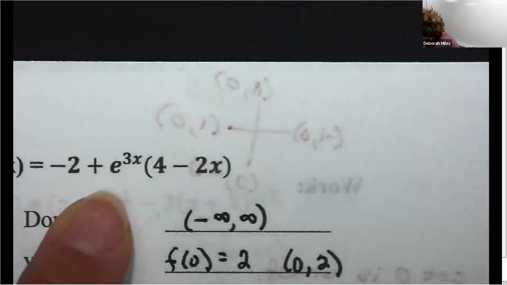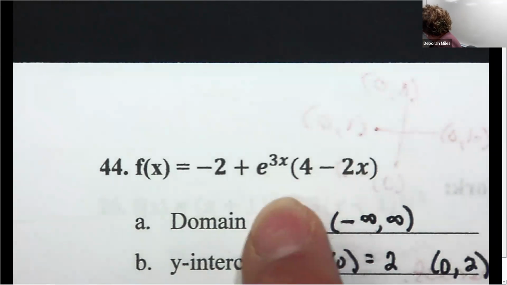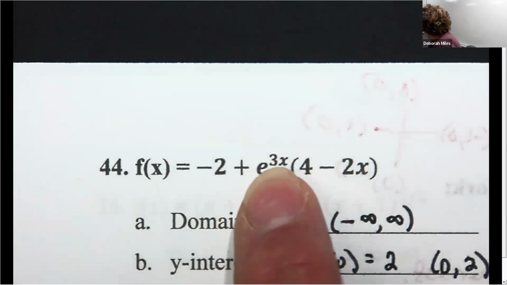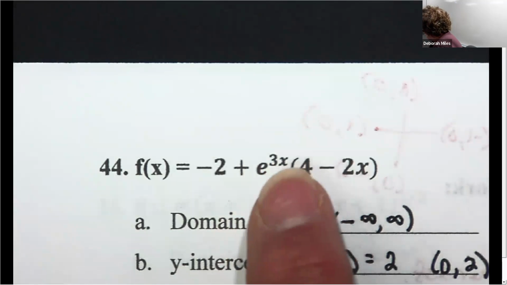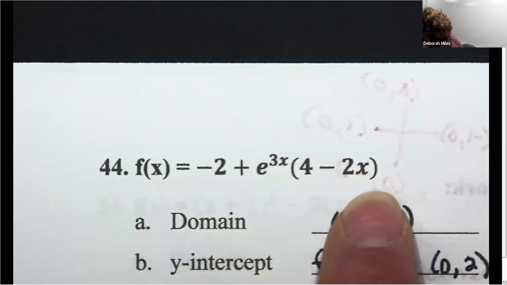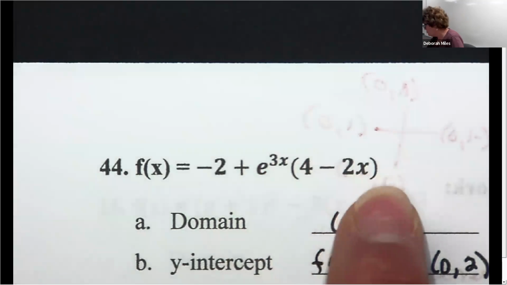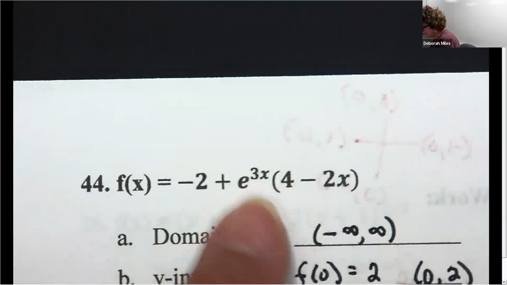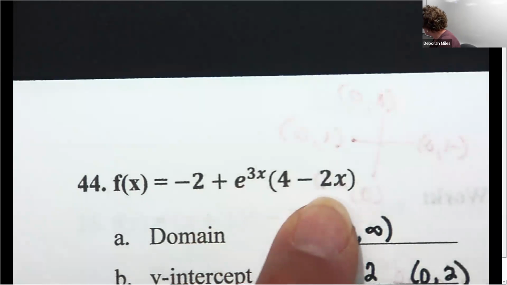What about x getting infinitely big here? What can you tell me about e to the 3x as x gets infinitely big? Yeah, that's getting huge. And then what about the 4 minus 2x as x gets infinitely big? It's getting very, very small. It's 4 minus a bazillion. So we have basically a positive infinity times a negative infinity.